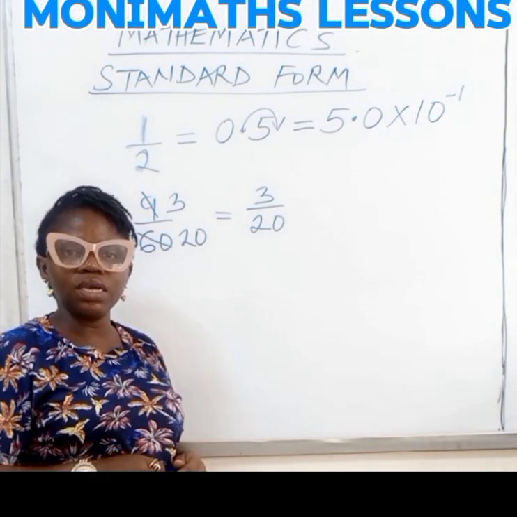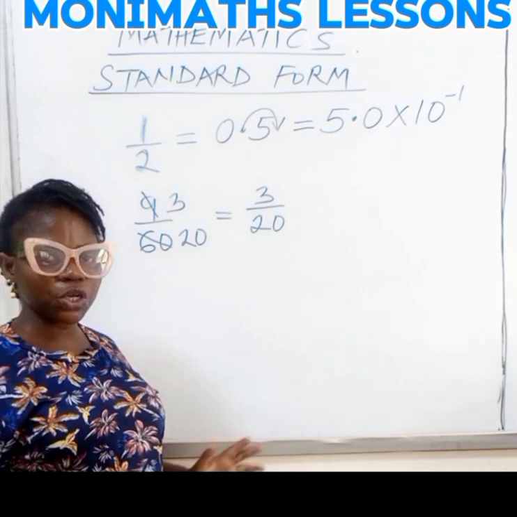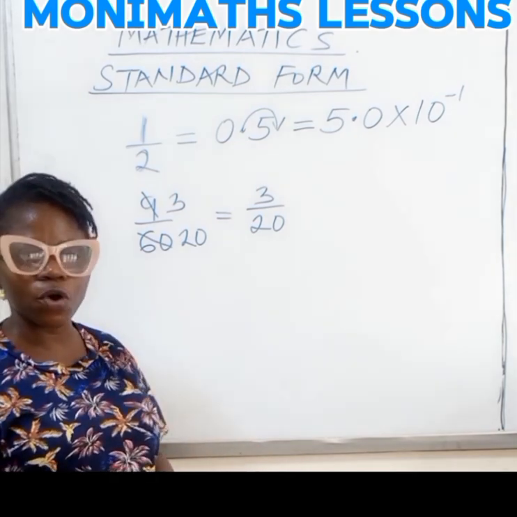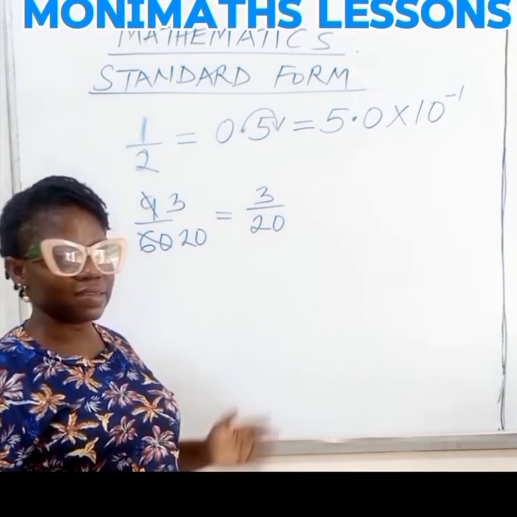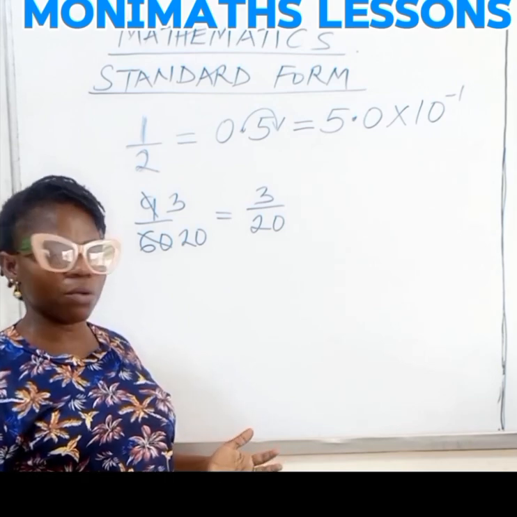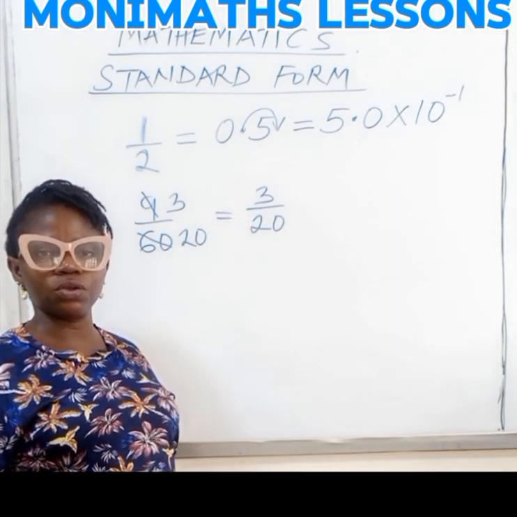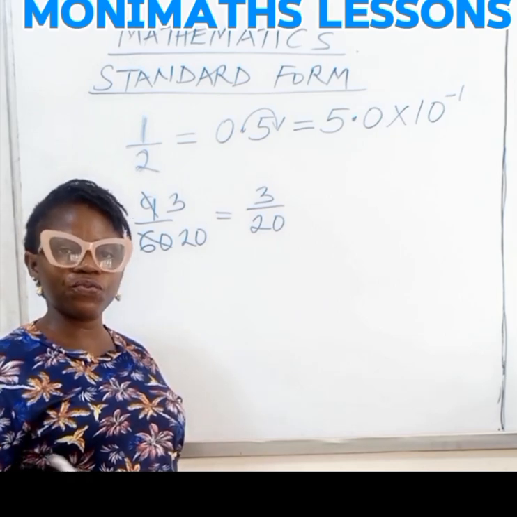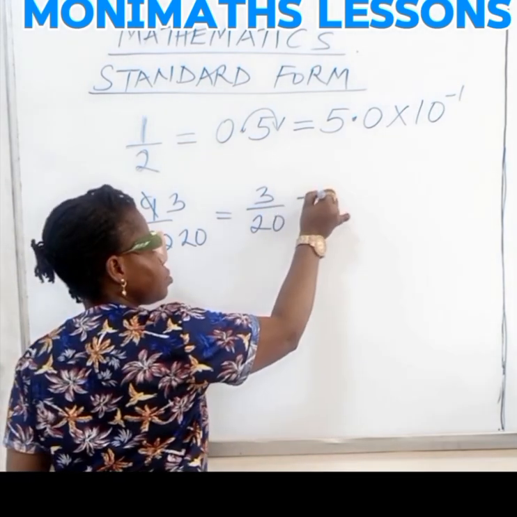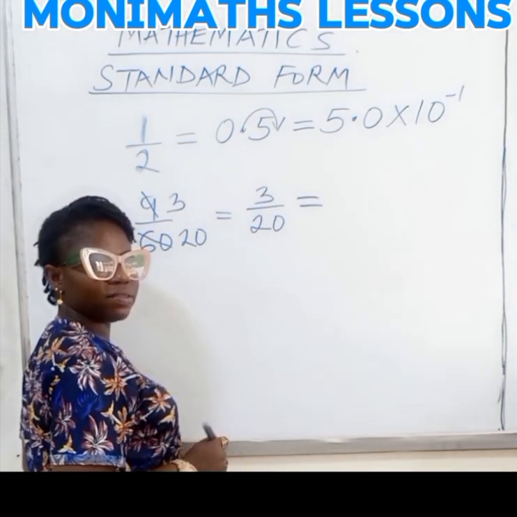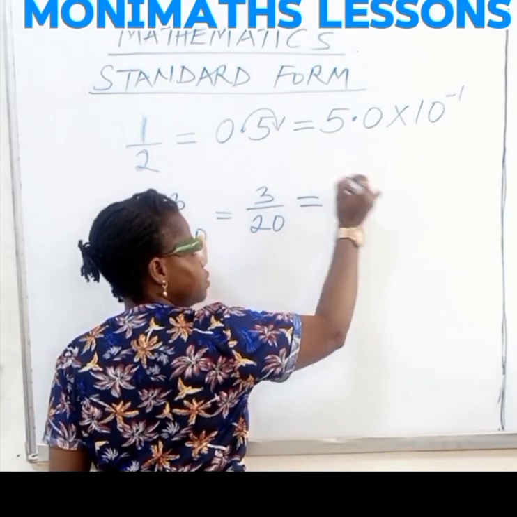3/20 now is very simple. It's rational and at its lowest form. So to convert this now to standard form, I will have to convert it first of all into decimal fraction. So let's go. 3 divided by 20 is 0.